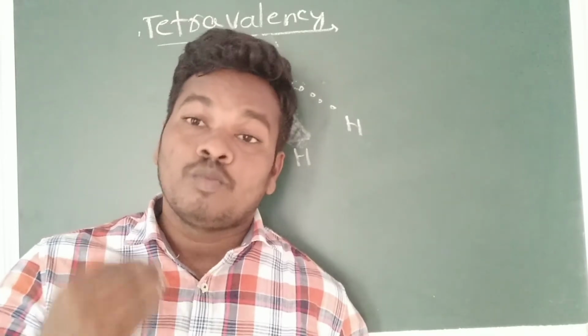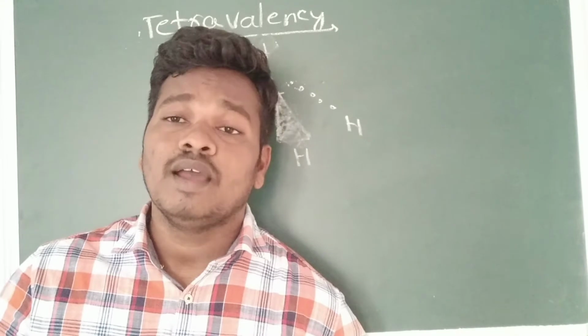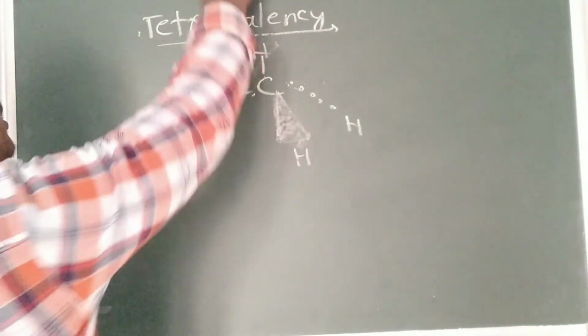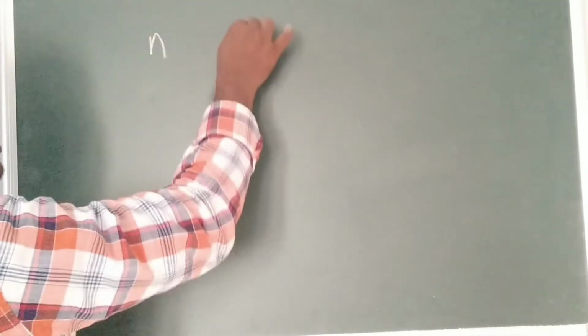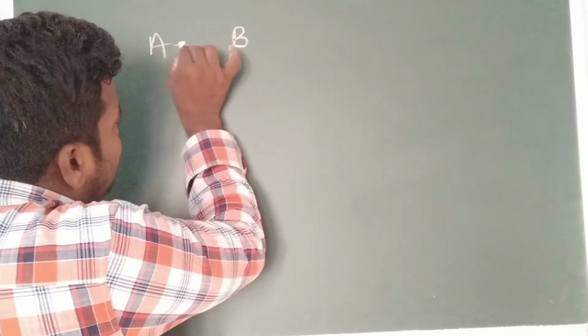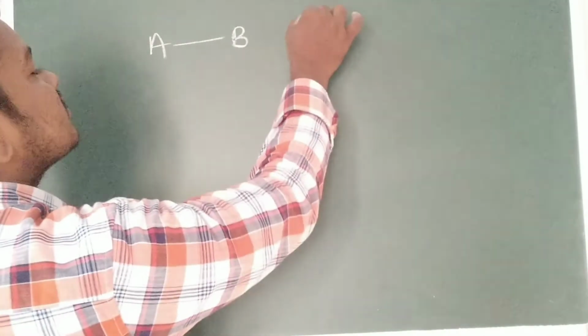We will see some examples of how to calculate sigma and pi bonds. For example, A and B are two atoms. If only one bond is present between A and B, that is called a sigma bond.